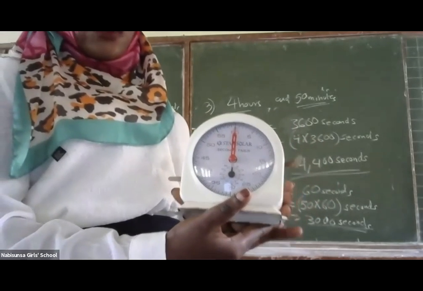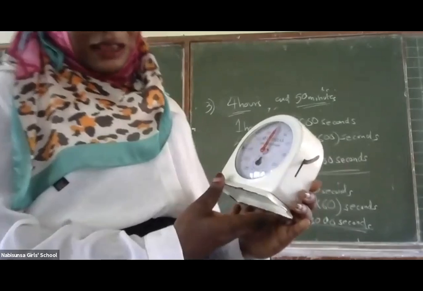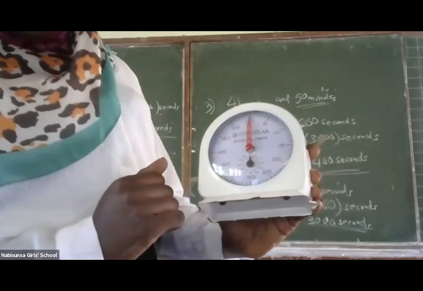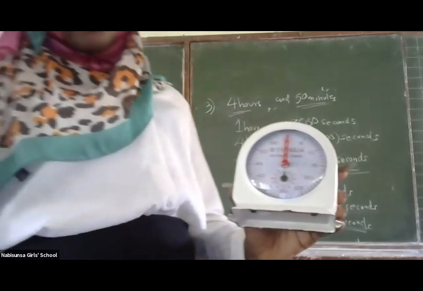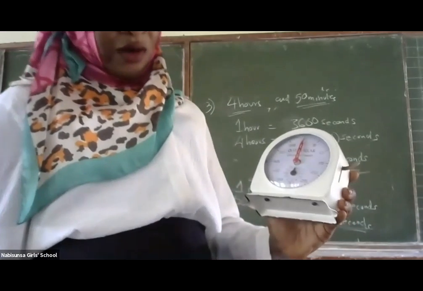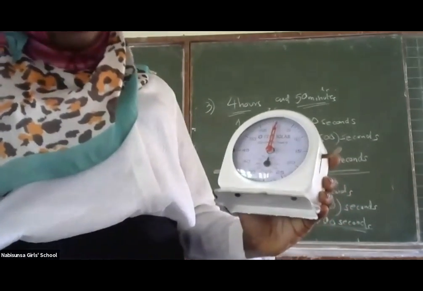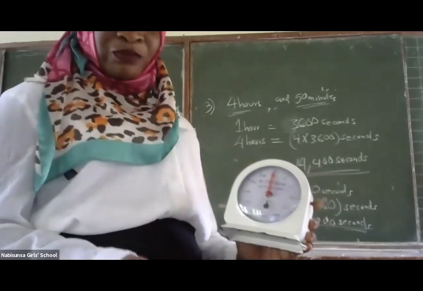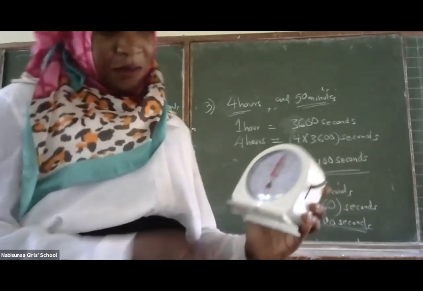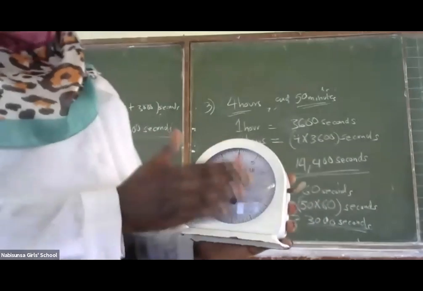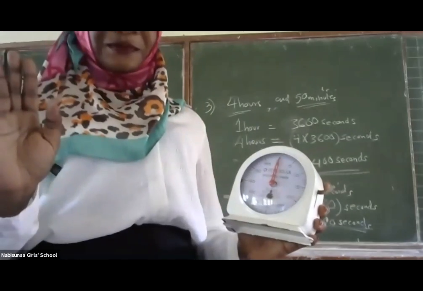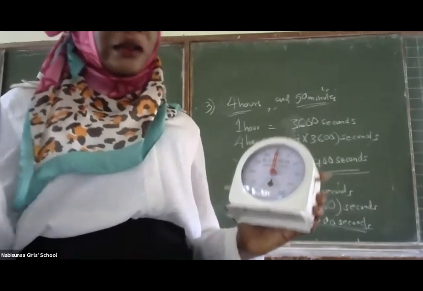Can we all see the stop clock? Are you seeing the dimensions on the stop clock? We have 60 here. The red hand, it only has one hand, the red hand, and it's what we use to tell time. Maybe the other thing you should also know is that this stop clock only measures time in seconds.